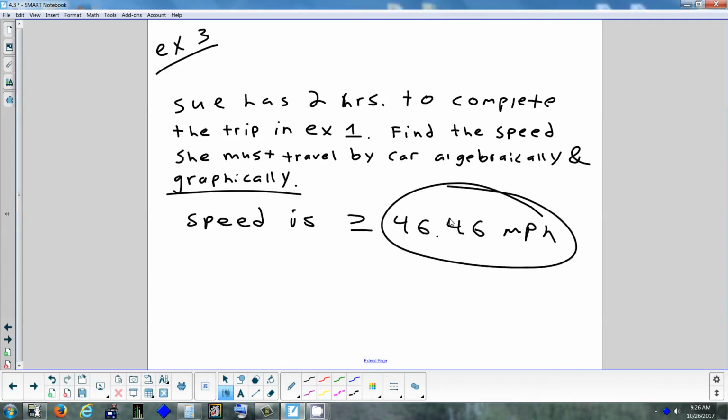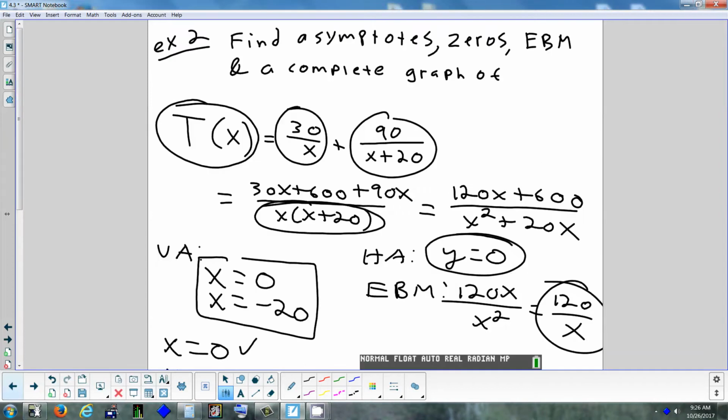Okay, now that's graphically. Now they also wanted us to do it algebraically. All right. So to do it algebraically, set her time equal to 2. Okay? And I'm going to do it in the rewritten equation. That's all one denominator.